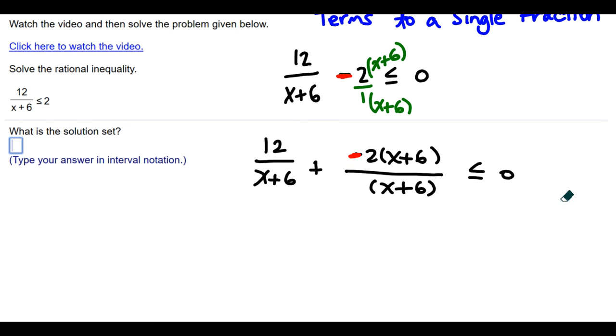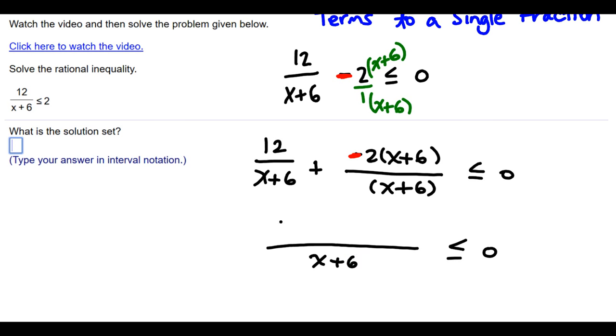And so I'm going to simplify by distributing the negative 2 into my quantity x plus 6, and I will also combine into a single fraction. So now that I've got a common denominator on each of my terms, my resulting inequality in the next step will have that common denominator of x plus 6.